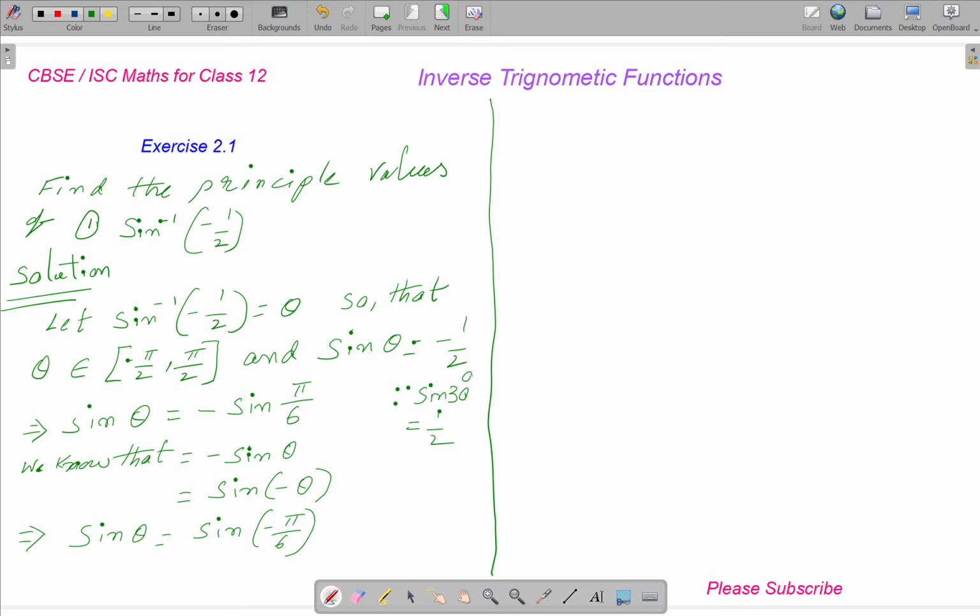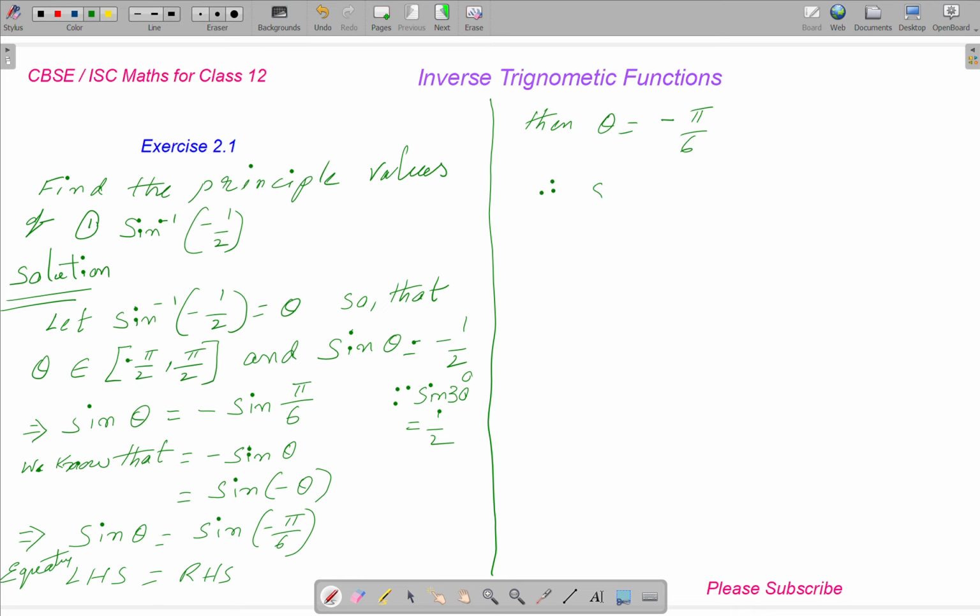Equating LHS to RHS, theta is equal to minus pi by 6.